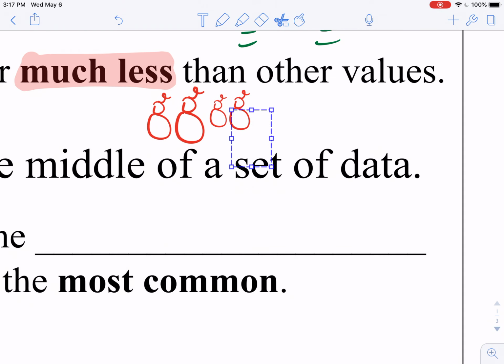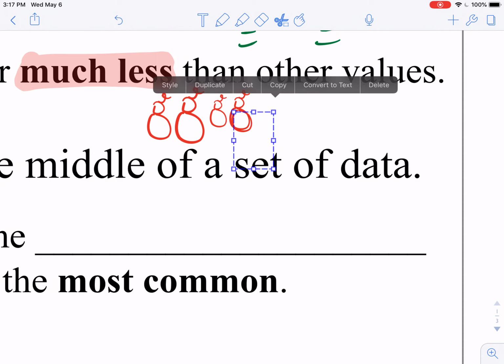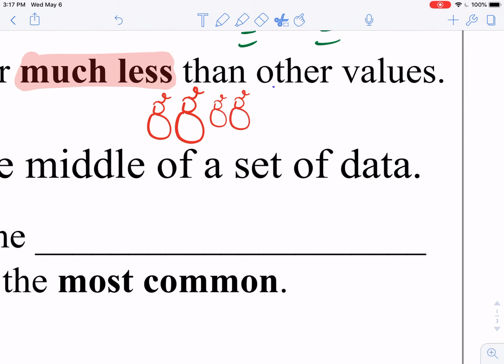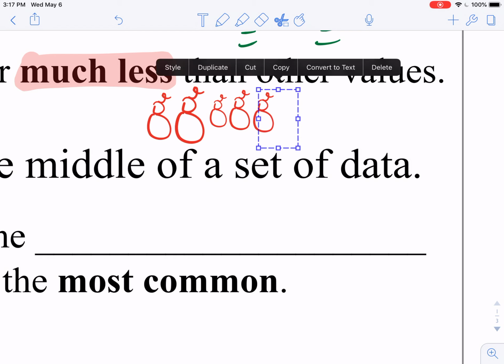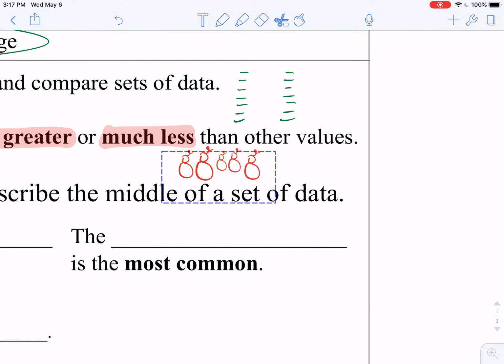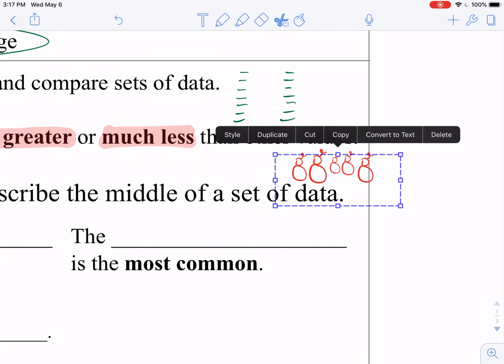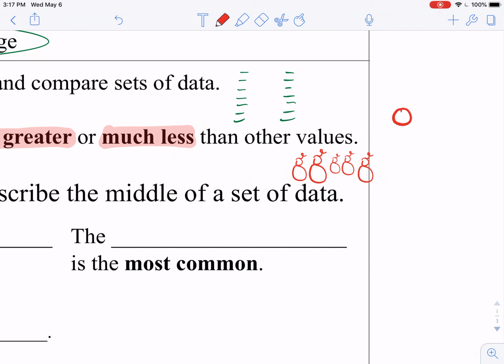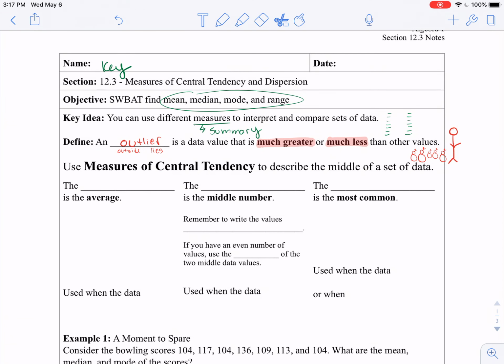You measure all the babies, and then the outlier, if you're measuring everyone in the room, yes, you have some babies, but you also have the adults taking care of them. If you measure everyone's height, this person right here, this adult, is going to be the outlier because they're way taller than everybody else. So an outlier is something that lies outside of the normal.